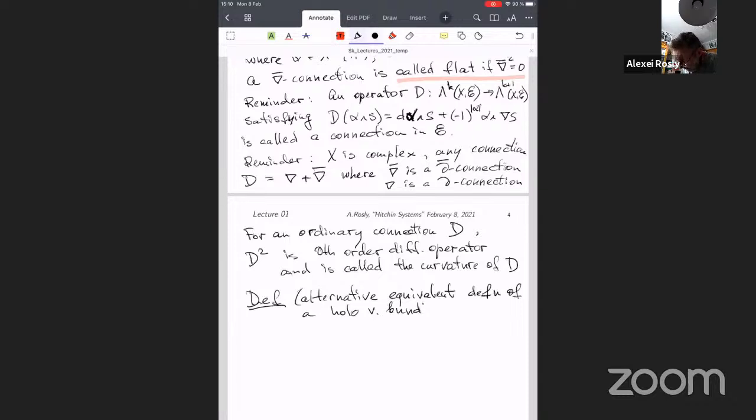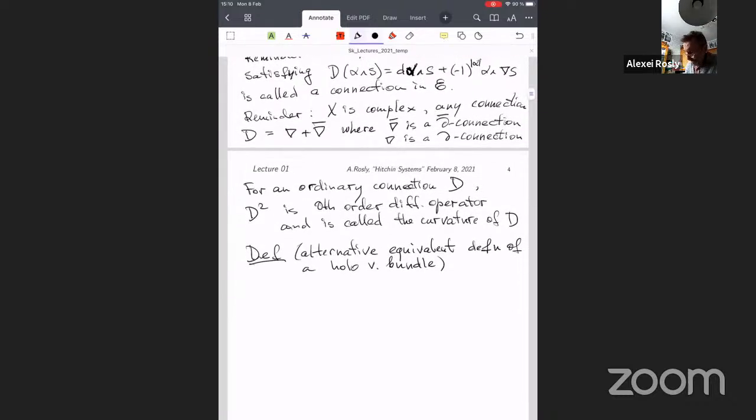It will appear now as a smooth bundle with additional structure, namely the D-bar connection.